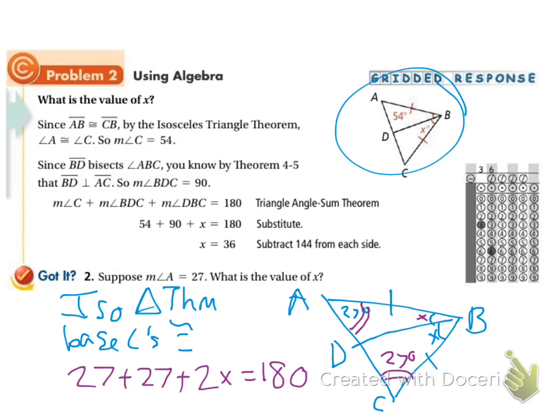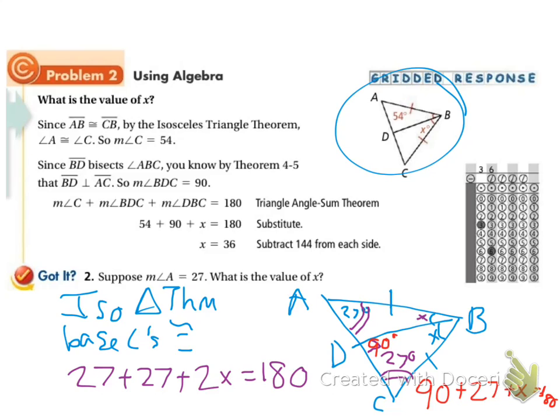Then I know that BD is perpendicular to AC. So that angle right there is 90 degrees. So another way I could do it is I know 90 plus 27 plus x needs to equal 180. Both are going to get you the right answer, just two different ways we can do it.